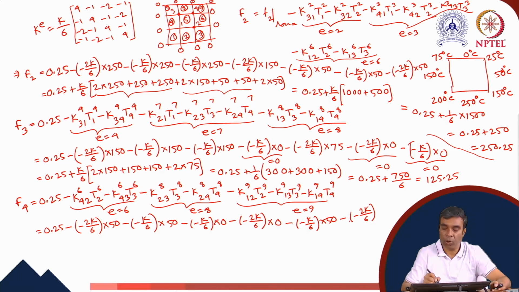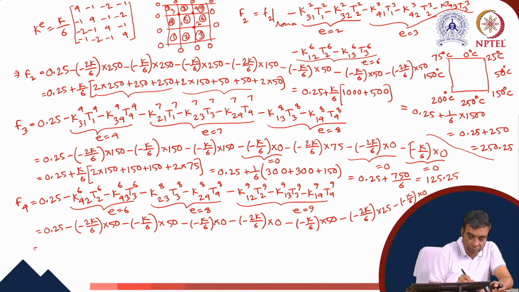T39 is the top right corner where the temperature is 25 degrees centigrade minus K149. K149 is minus K by 6. So this is minus K by 6 into T49. So T49, it falls on the top surface with temperature specified as 0 degree centigrade. So this gives us 0.